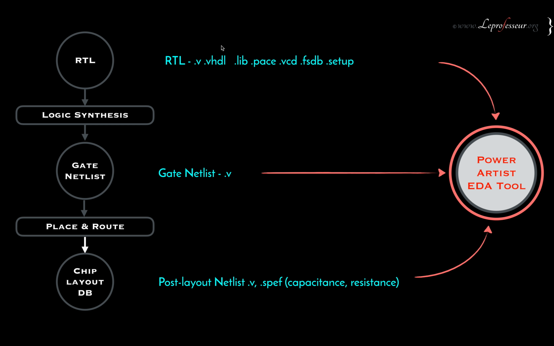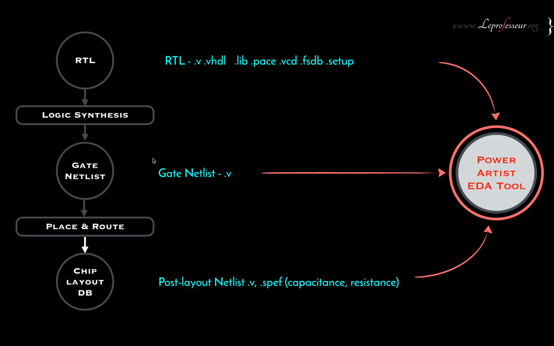So the tool is very good to run at the RTL level. I'm not advertising here for PowerArtist. There are other vendors like Synopsys, Mentor Graphics, Cadence. They all have power analysis tools in their ASIC design tool portfolio. The basic concepts are the same no matter what tool you use.